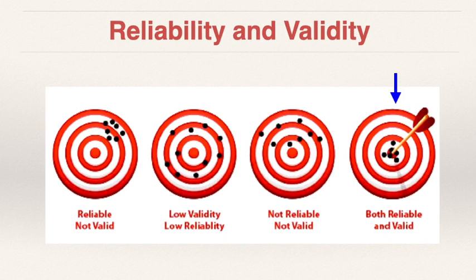Now, to make an assessment both reliable and valid usually requires a lot of time and resources. For example, having students engage in a lengthy conversation with several of their peers while they are observed and graded by two teachers who have invested some time discussing and agreeing on the criteria they will use for grading.